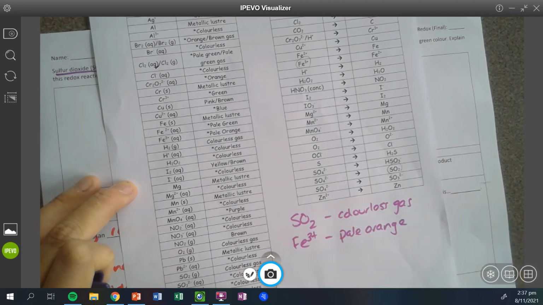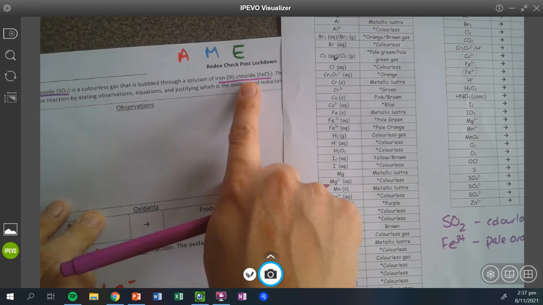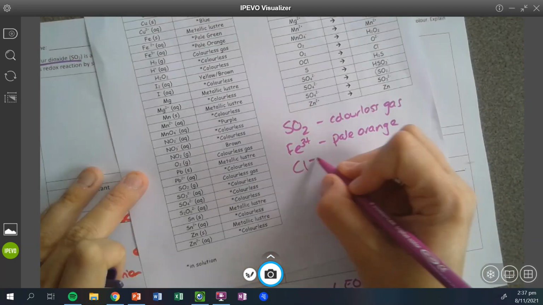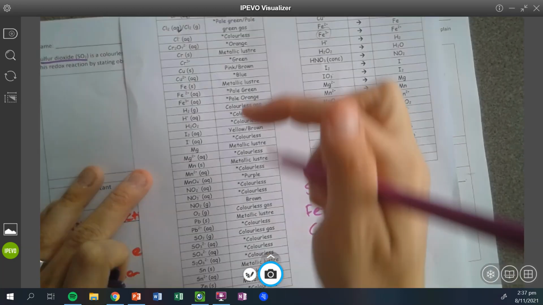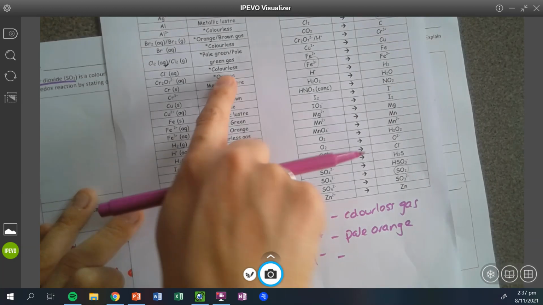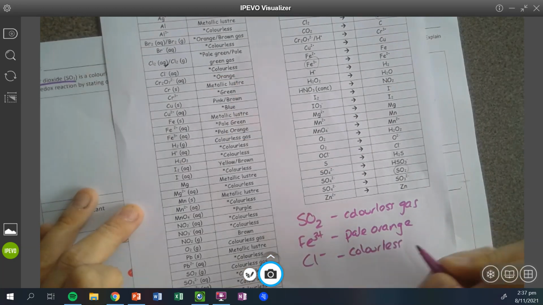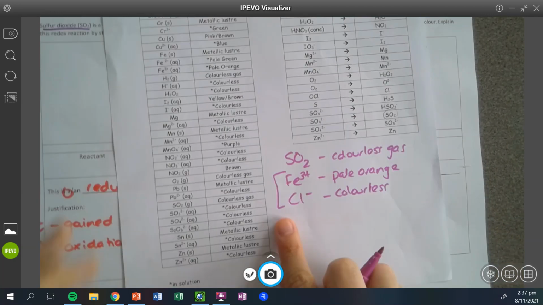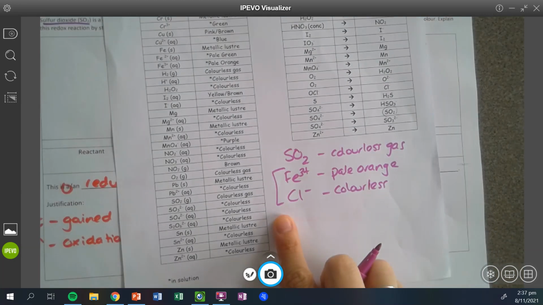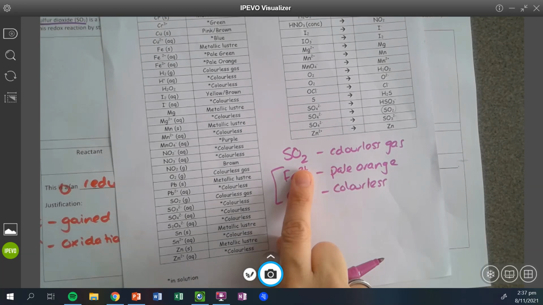You may not even be able to see it. All right? The last thing listed is chloride, and if I look for chloride on my list, it is colorless as well. These two are an ionic compound, so I'm only choosing one of those two. This one I have to use because it's the only reagent of that second list. Are you okay with that so far?